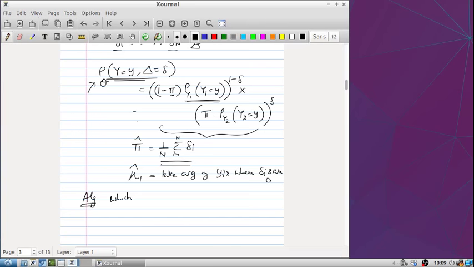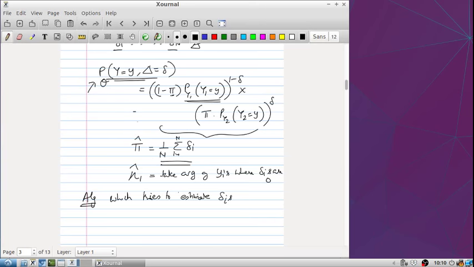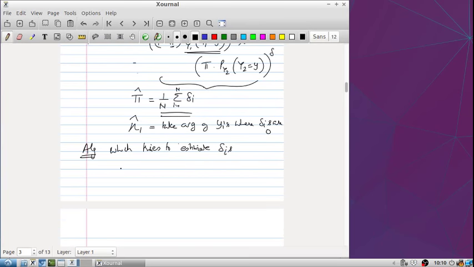Do something which tries to estimate the delta i's, and then estimate theta given the yi's, which are anyway always given, and now the estimated delta i's. I estimate theta given yi's and delta i's. That is easy.